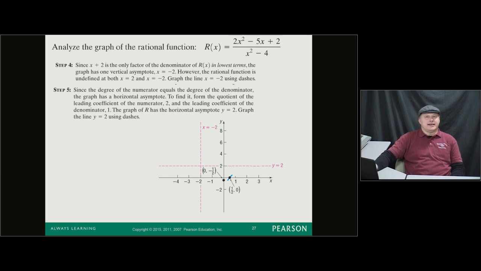All he had to do is say connect those 2 points because there are no x-intercepts in between them, which would have been a whole lot easier. All right? Now, right now I'm pretty much done with the graph in my mind. But what he's going to do now is test points like he's always been doing.